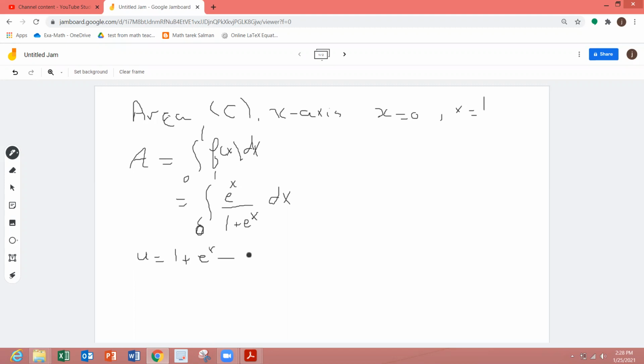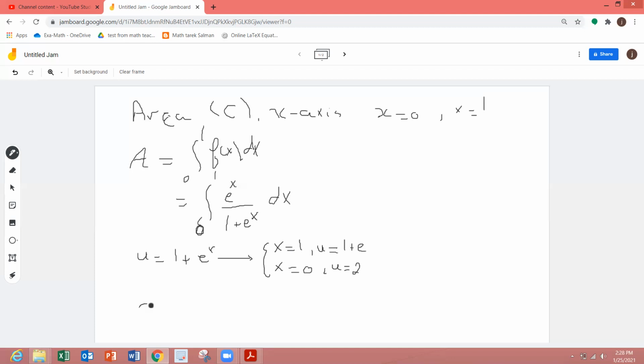We change the bounds. If x equal 1, u gives us 1 plus e. If x equal 0, u gives us 1 plus e to the 0, which is 2.